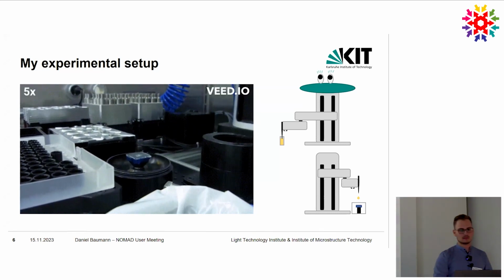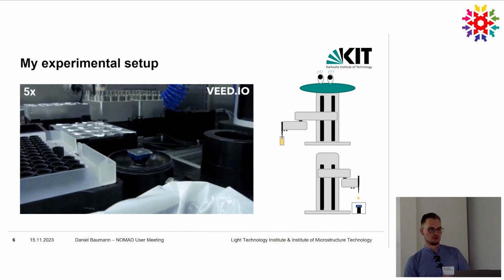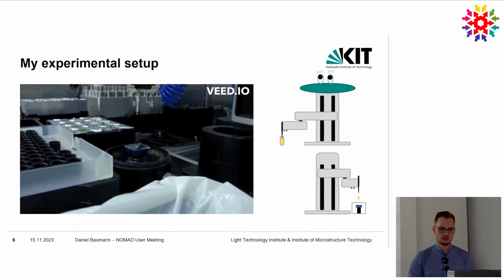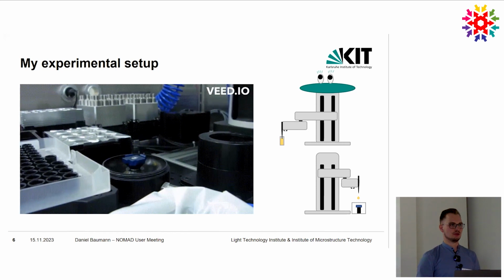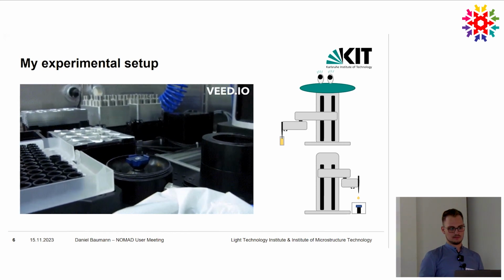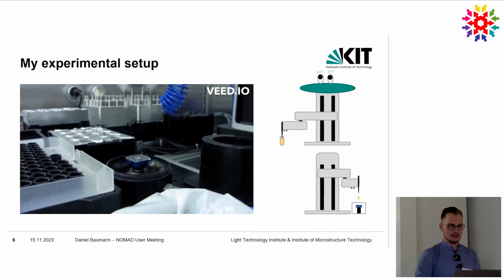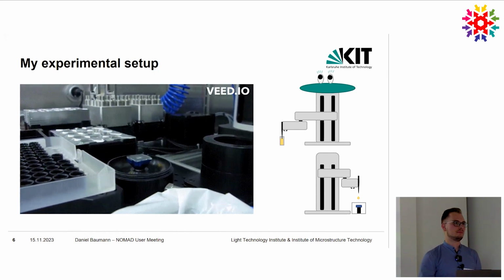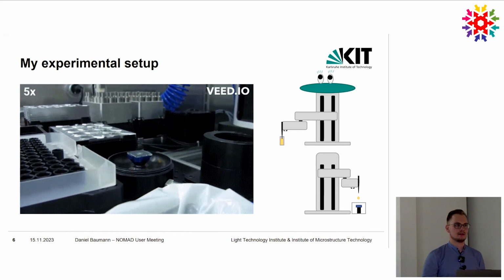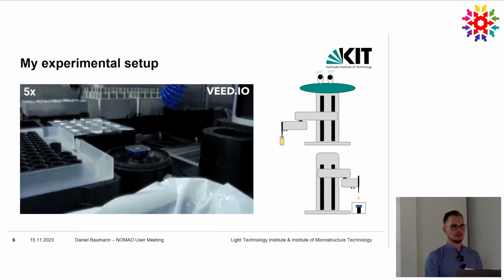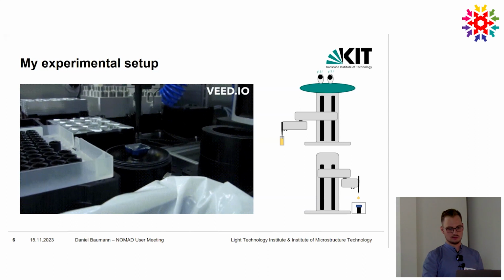With this, I want to improve the repeatability of my perovskite deposition and eliminate human error from the perovskite film deposition. NOMAD will help me keep track of my data and evaluate it, and in the future, when publishing papers, also publish all the data that went into it.